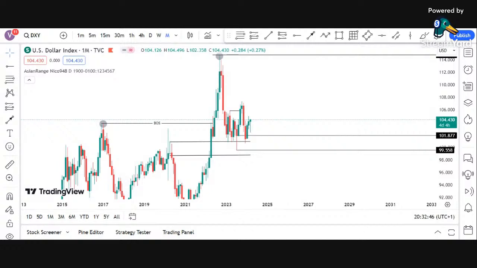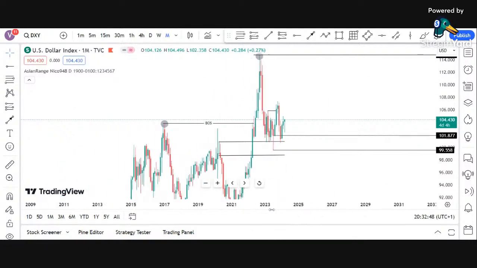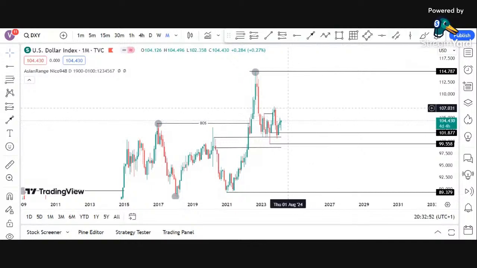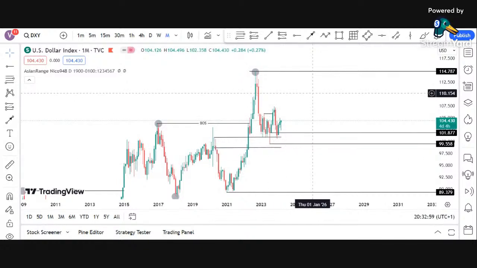All right, so what we're basically seeing is that price wants to push to the upside to take out this previous high, this being our external range liquidity, whereby we'll be seeing the momentum of price heading towards that direction.